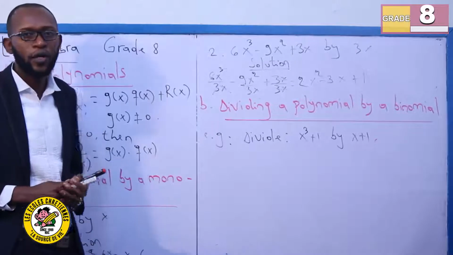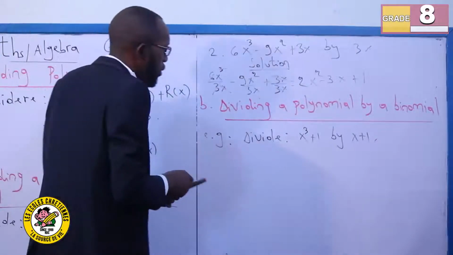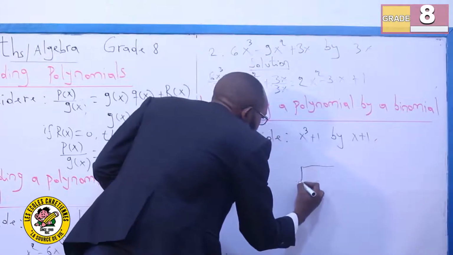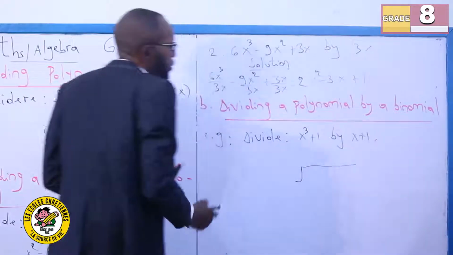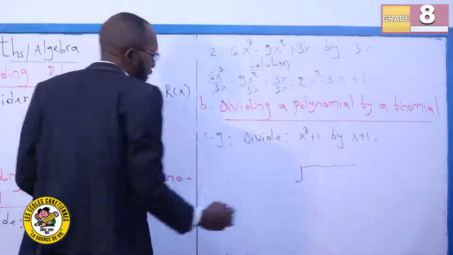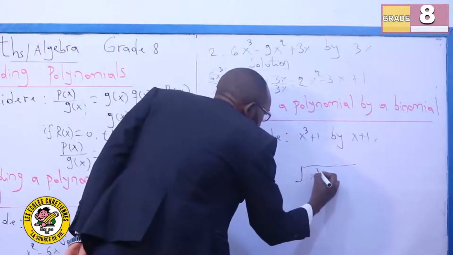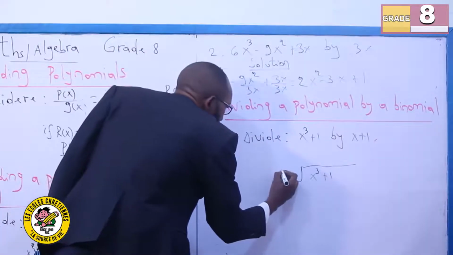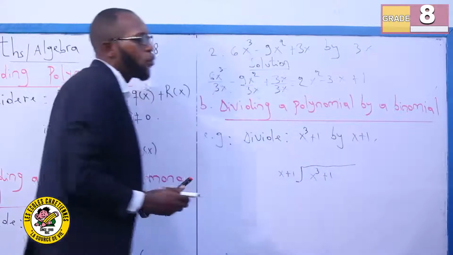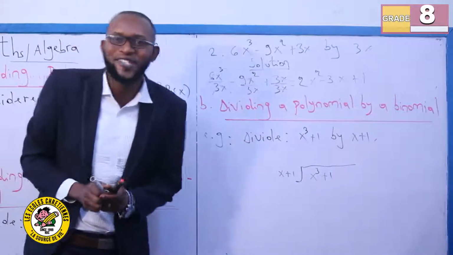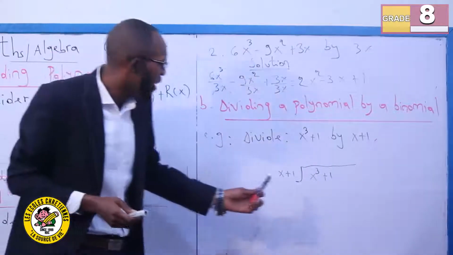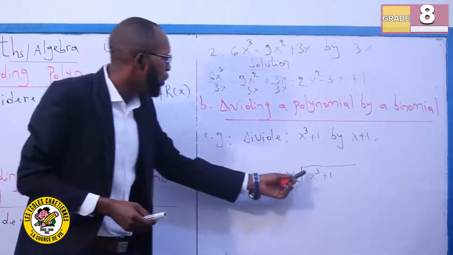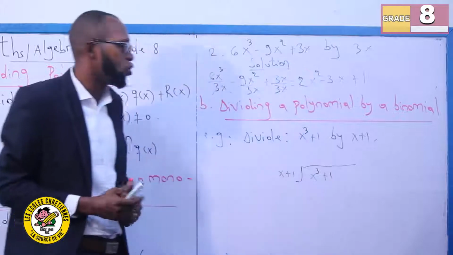How can you do it? You write here our dividend, x cubed plus 1, and here you write your divisor, x plus 1. And we have to operate. Now here we have x cubed. We need to eliminate x cubed.